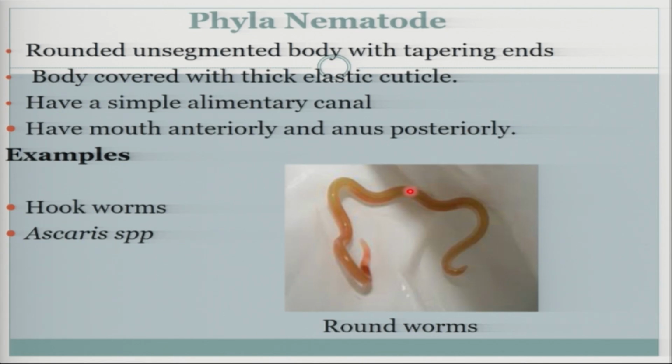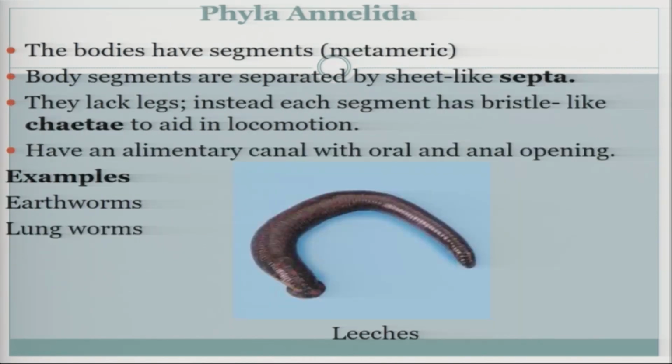They don't have a complicated alimentary canal, just a simple alimentary canal, all right? The mouth is anterior and the anus is posterior. So the mouth is at one point, and the anus is at another point, all right? Those are the characteristics of these nematodes as one of the phyla put under the lower organisms in kingdom Animalia, all right?